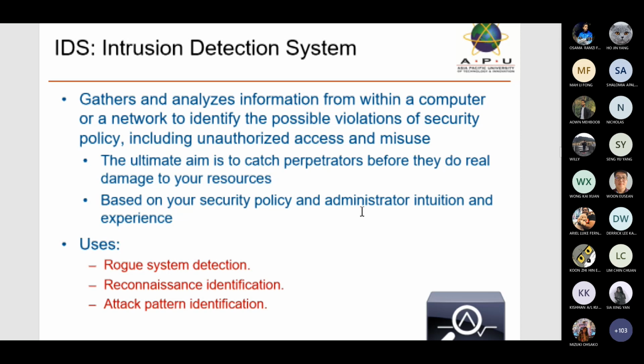Or even randomly from the same IP address. If I can find a pattern like that over a short period of time, I say, this looks like somebody doing reconnaissance on my system. They're checking all of the ports to see if there are services there that they can attack.